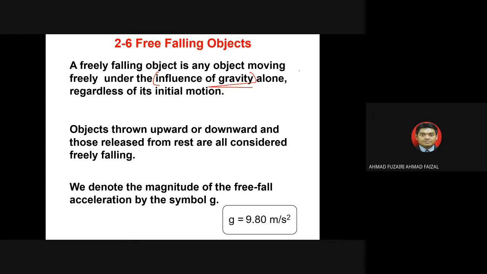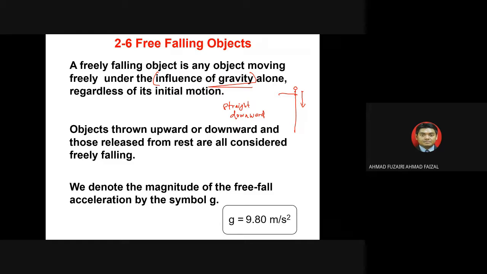meaning that if you have some height, if you stand at a very tall building, you're holding a stone here and you release the stone, the stone will go straight downward, or straight upward.